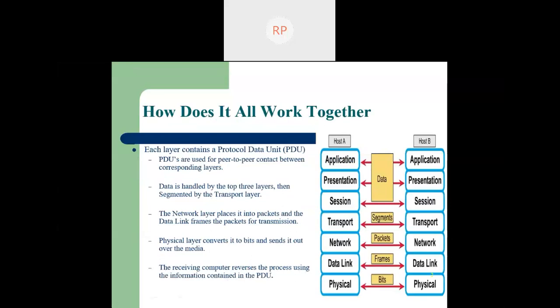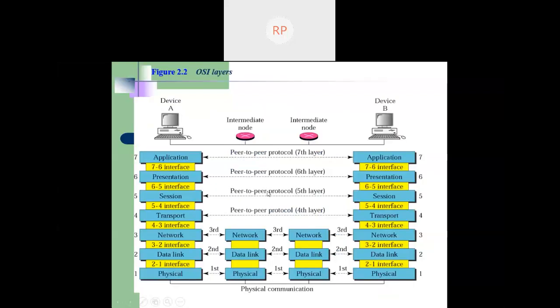And this is the overview of how it all works together across the different layers: bits, frames, packets, segments, and it's all about the data. This is another representation of layer communication, device A to device B: application, presentation, session, and the data moves like that.